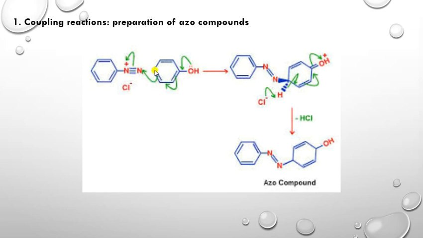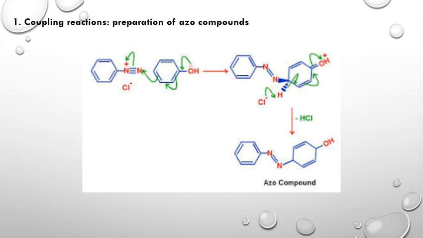Of course here there is a hydrogen, so this hydrogen will be abstracted by the counter ion, and this bond will equal the positive charge on the oxygen by locating the double bond in this way.